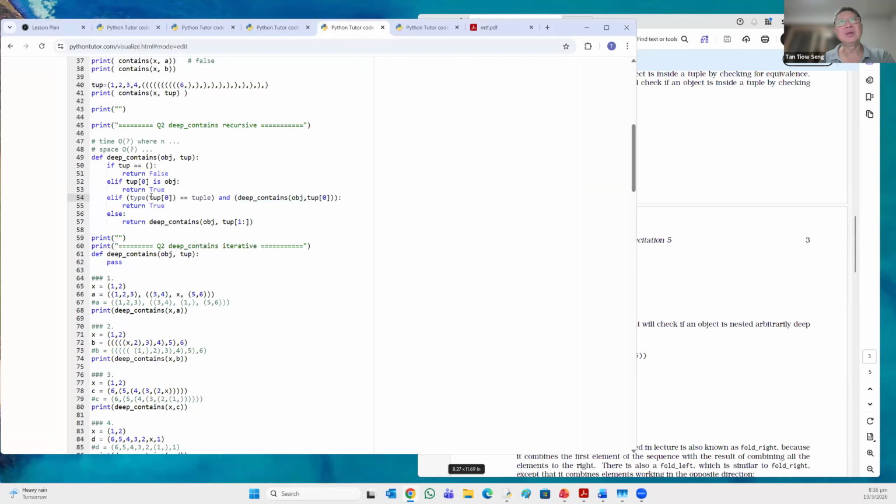If it is a tuple, you have no choice but to recurse into this function to check it, and you return true if this is true and this is true. Otherwise, if the first item is not of this type, then you check this.